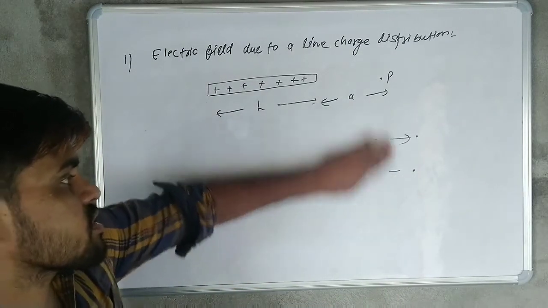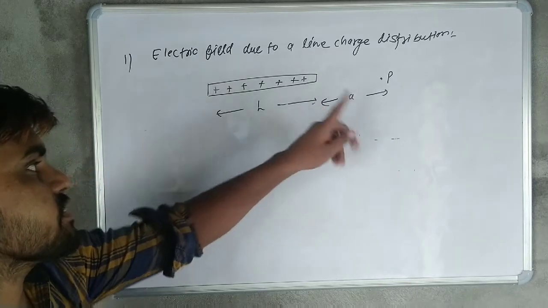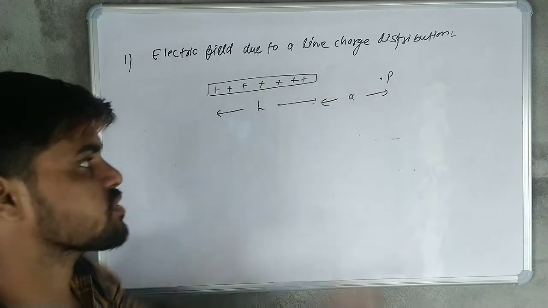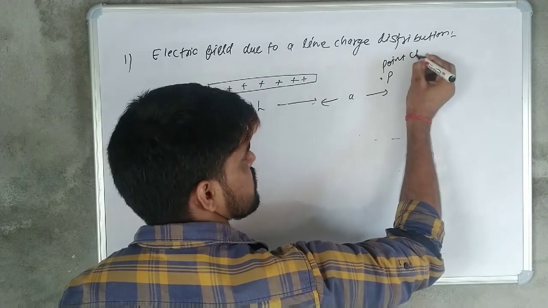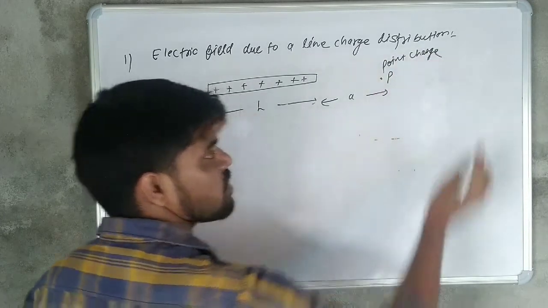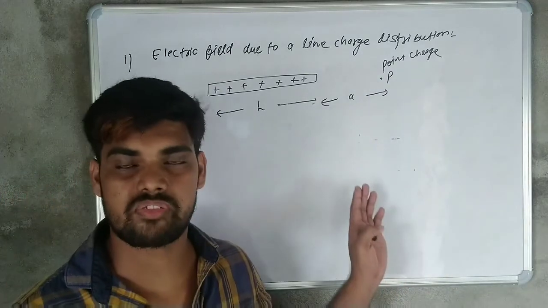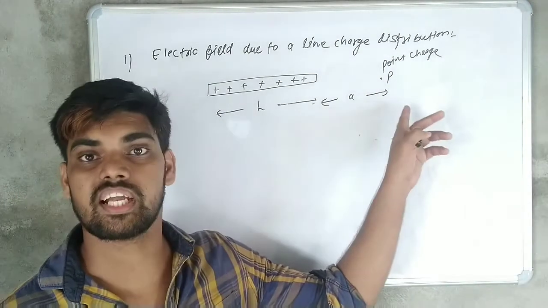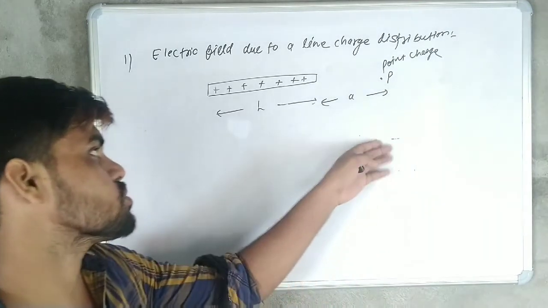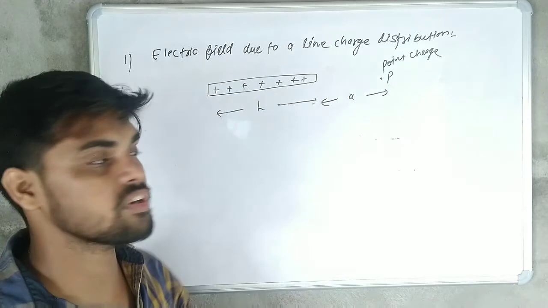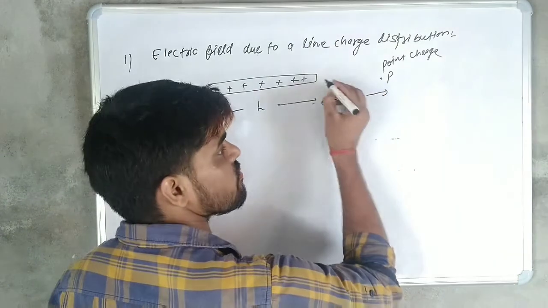So this is a positive point charge, and here the electric field direction will be in the direction of P.